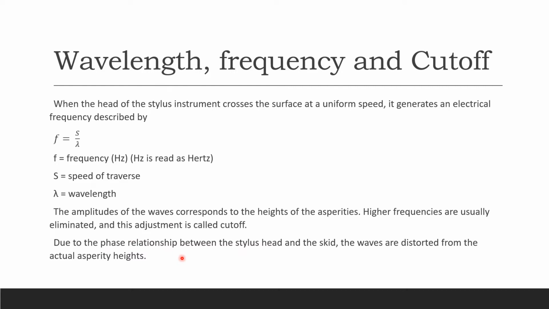Okay, due to the phase relationship between the stylus head and the skid, the waves are distorted from the actual asperity heights. So even though we're measuring the surface with an instrument and producing a graph, the graph is just a representation, and it can never represent the real thing. The real thing is always a little bit different from what we try to capture.